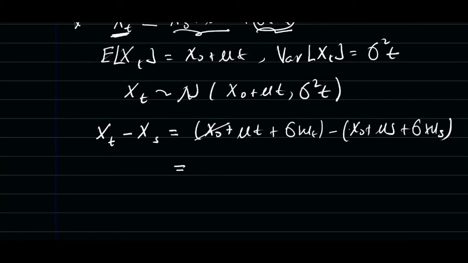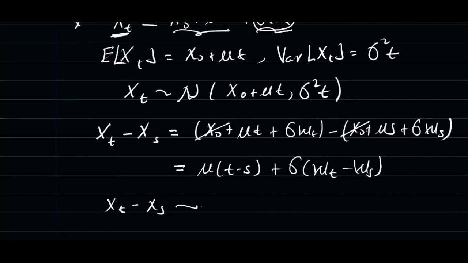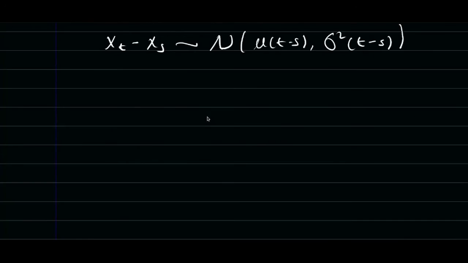Then this is 0, so mu times t minus s plus sigma times W t minus W s. This obviously shows that the increment is also normally distributed with this expectation and this variance.